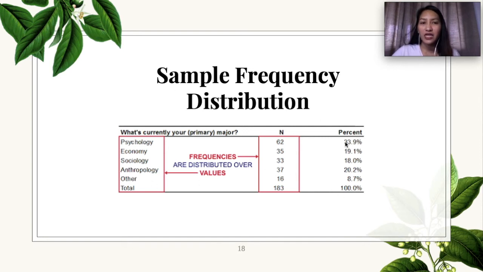We can see that the largest percentage of the people that has been surveyed are in psychology major, but the least are in the others. Anong sunod dun sa psychology? Ang sumunod sa kanya is anthropology. So, pwede mong tanungin, bakit kaya psychology yung karamihan ng primary or major ng mga na-survey ko? So, depende pa rin ito sa iyong goal or objective ng iyong study.